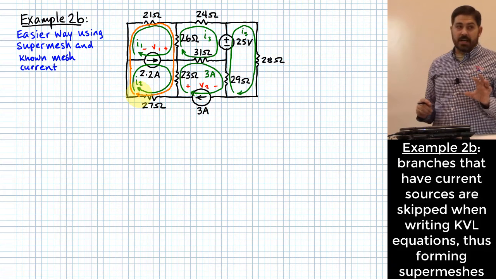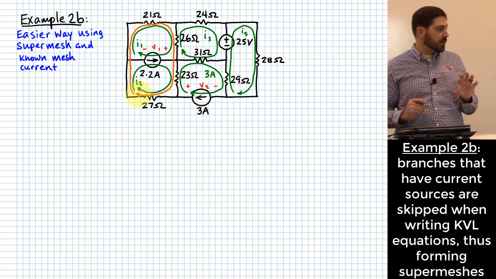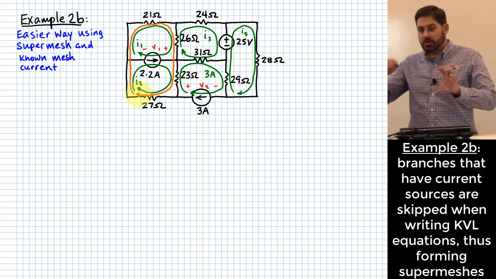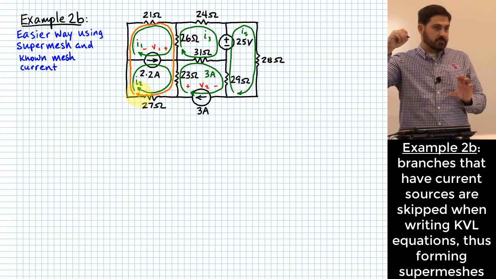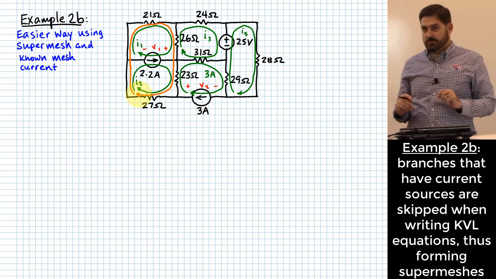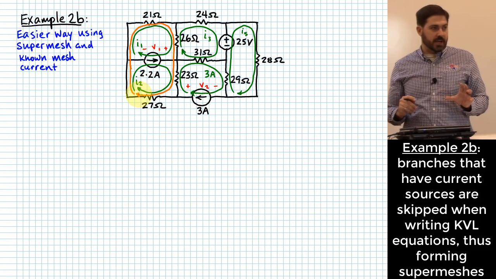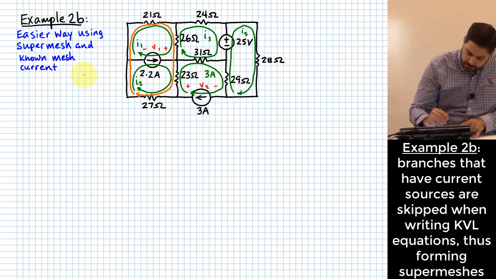Now, I'm not going to define any other currents, right? When I show that mesh right there, I'm doing it to show you the path along which we are going to sum voltages. But I'm going to leave it in terms of currents I1 and I2. Okay, we good with that idea? That is what's called a super mesh.